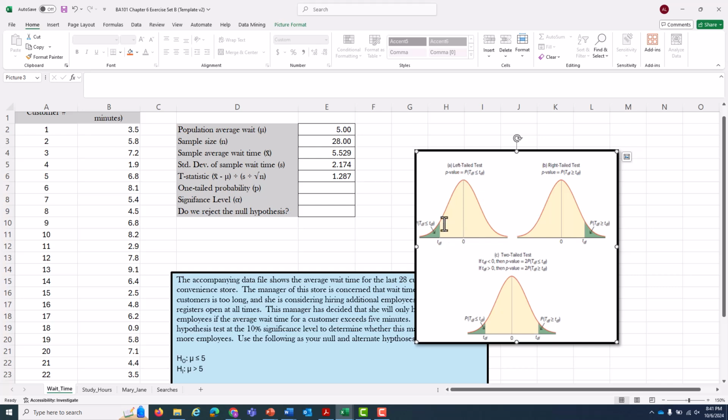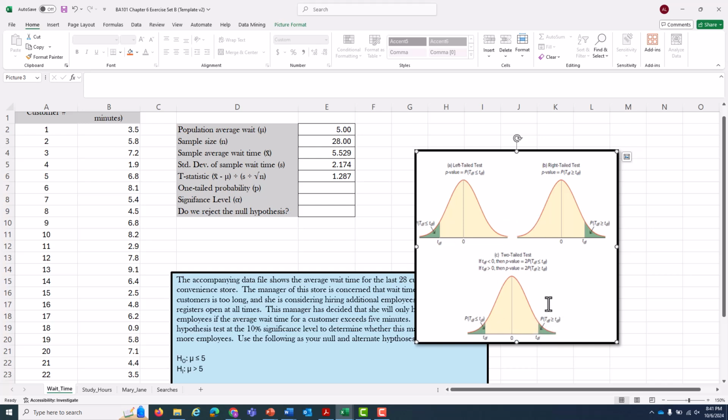In a left-tailed test, you would get the return that you wanted for the probability that your actual average is somewhere below the status quo, which is going to be this green line right here. You could have a test where you are trying to find the probability that something is above the status quo, your accepted population average. Or you can have a test where you're going to have the probability that something is lower than the status quo or above the status quo.